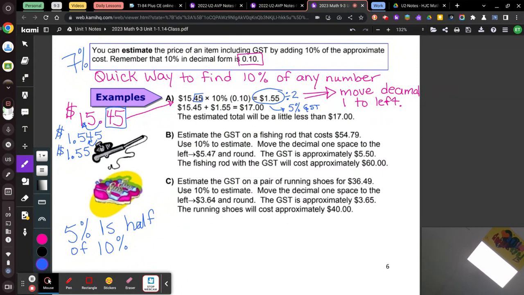So let's take $1.55 and divide it by 2. So if you had $1.55 and you had to share it with someone, how much would you both get? Do it on your calculator. $1.55 divide 2. What would each person get?